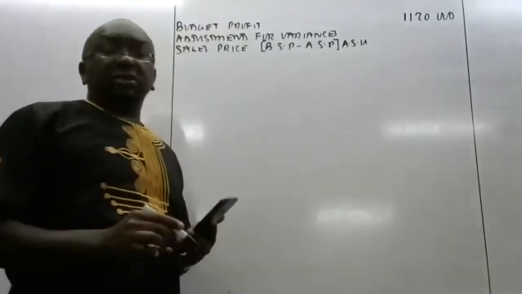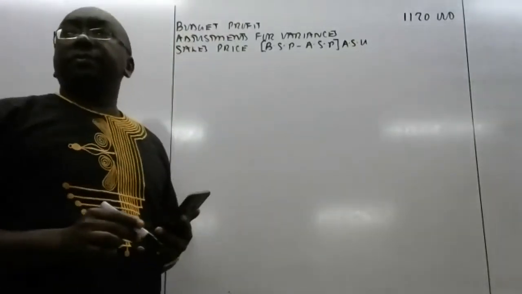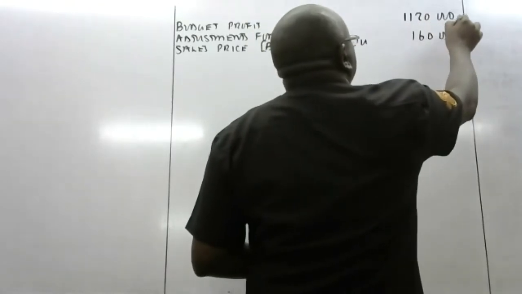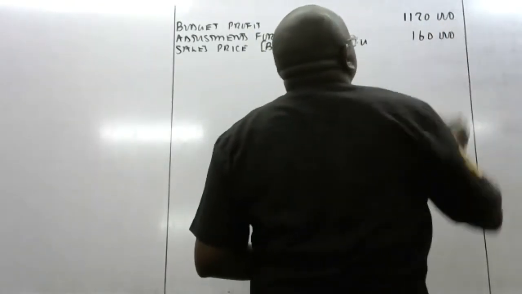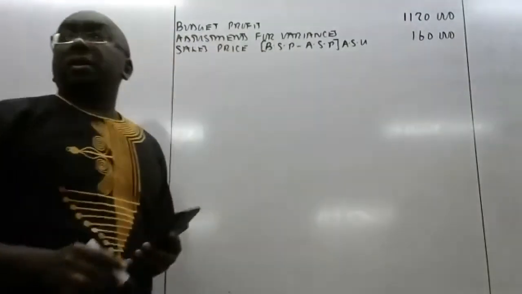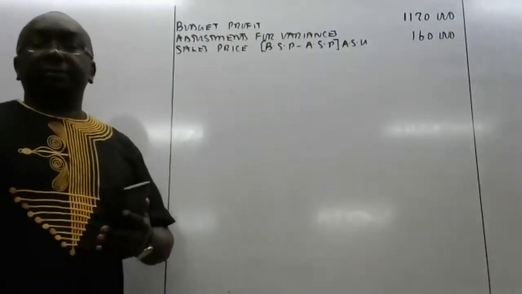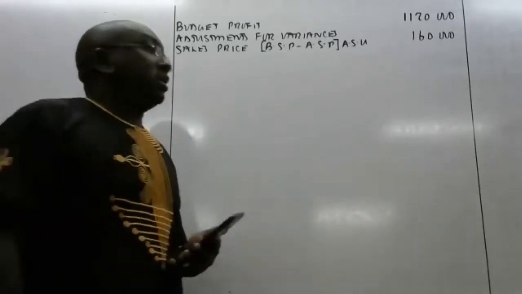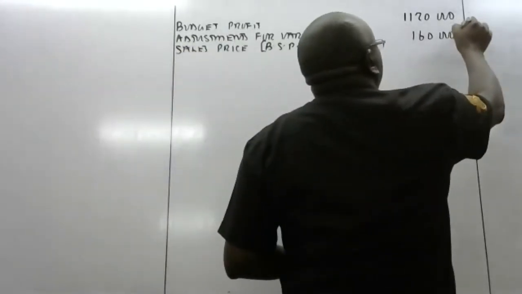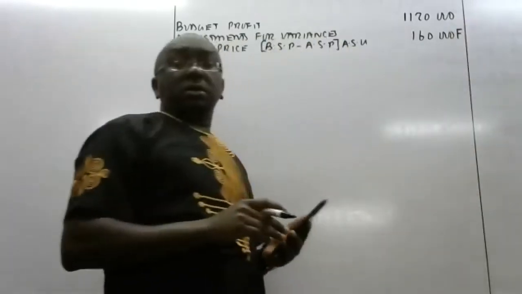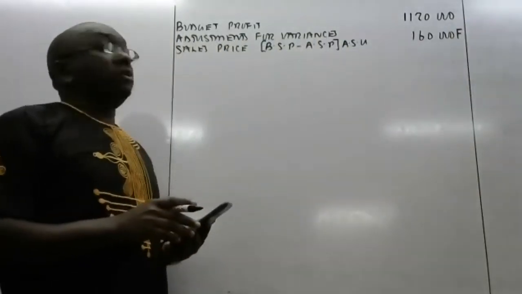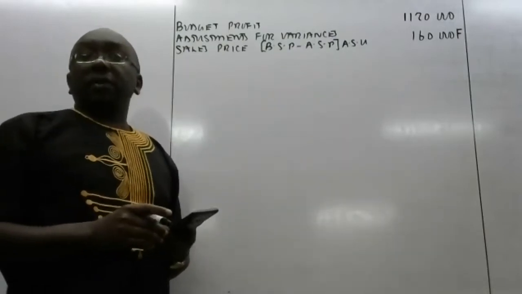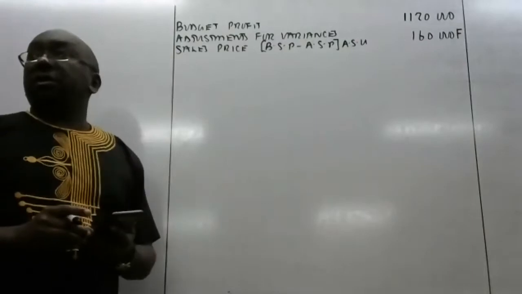And we got a variance of how much? 160,000. Was it favorable or adverse? Is it positive or negative? It's negative. So if it's negative, that is favorable, because that means the actual selling price was higher. That's why we stopped.